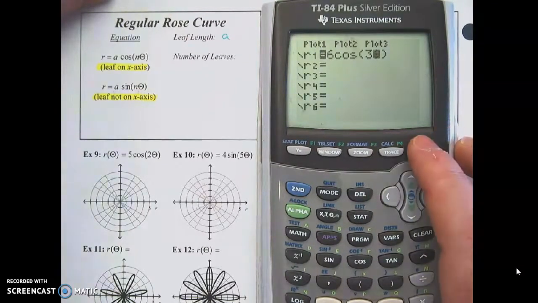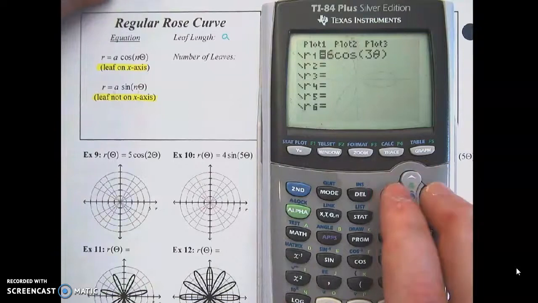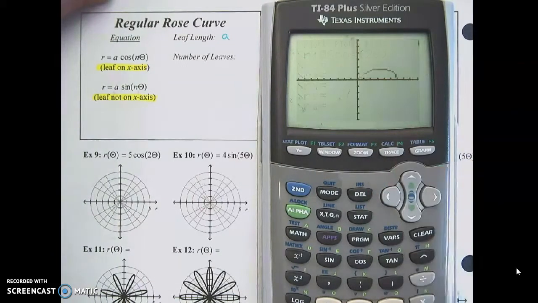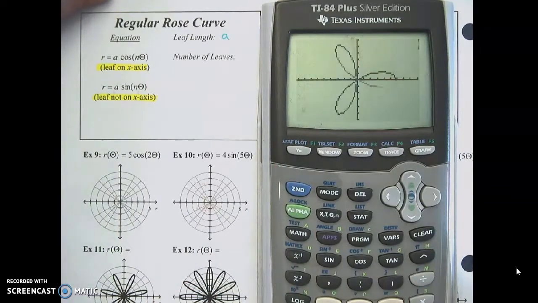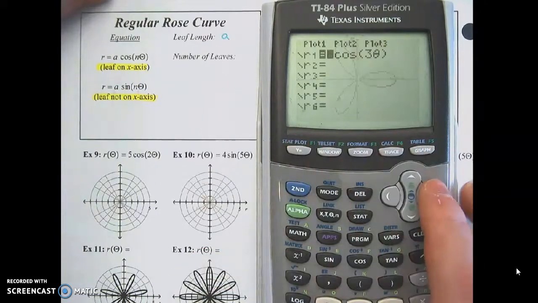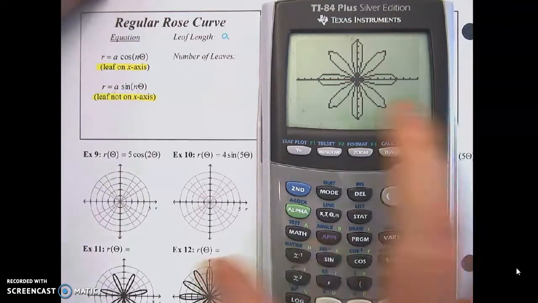You probably guessed wrong, right? So when it was 2, we had 4 leaves. When it's 3, we have 3 leaves. When n is 4, we have 8 leaves. Now you're probably starting to figure out the pattern.